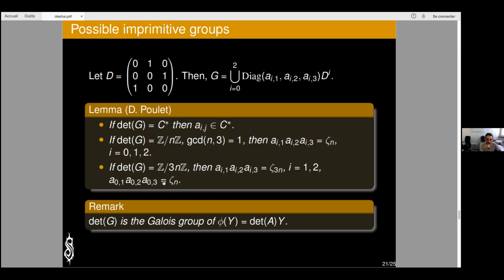And the last case, when it's not co-prime, then it's a primitive 3n-th root of unity. And so you can prove that the determinant of J is just the Galois group of this order 1 equation. So it's possible to compute the Galois group quite easily. In that case, you just have to compute another order 1 equation.